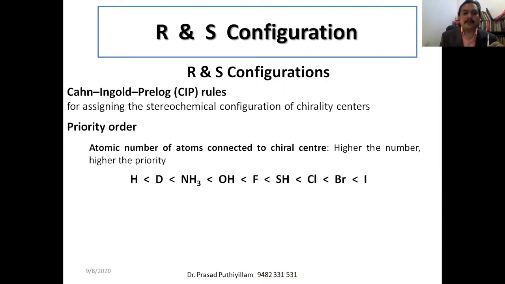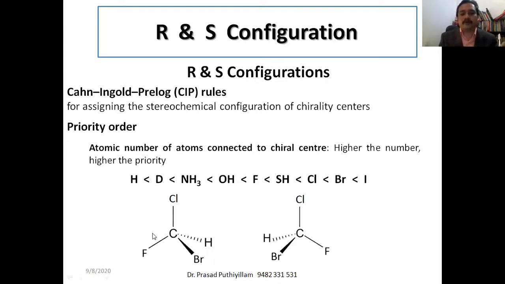For example, bromochlorofluoromethane is given, and its mirror image is also given. I can draw the first structure, with chlorine here and fluorine towards your left side, what you are seeing on the screen. And this is bromine and hydrogen.